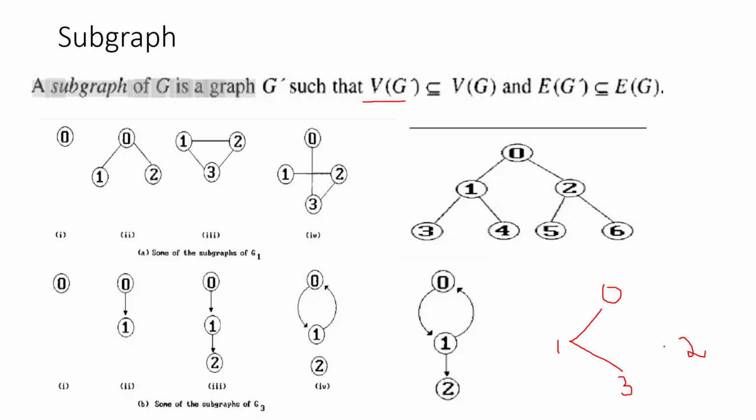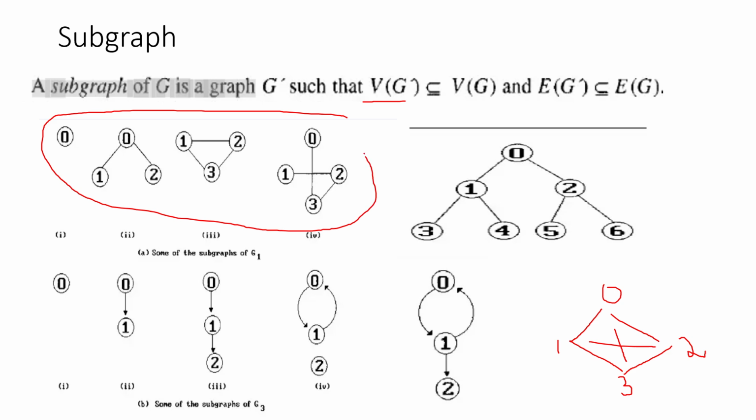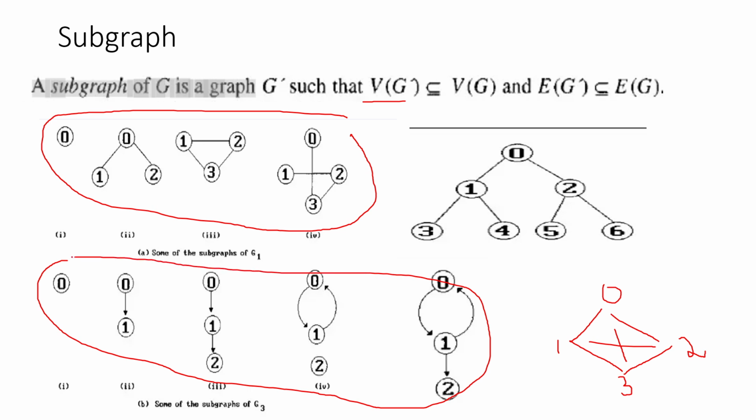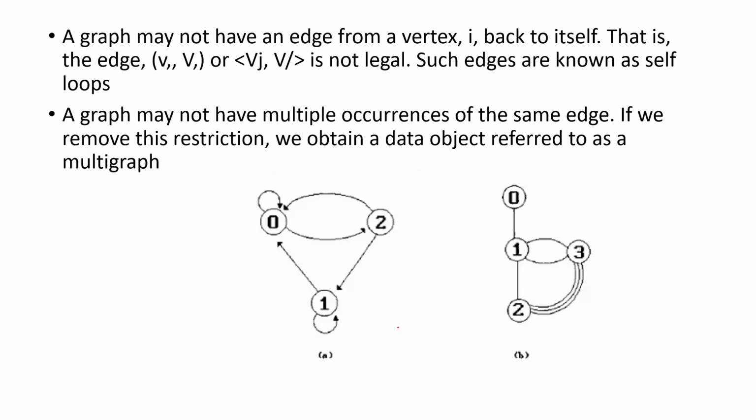All these nodes are connected in that graph. 0 is a subset, and you can take 0, 1, 2, that's also there, 1, 2, 3 also, and these are all subgraphs of this graph. If you consider this graph, they are all subsets or subgraphs of this main graph.